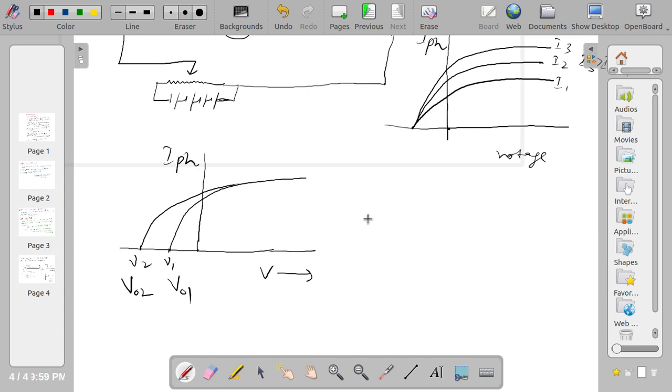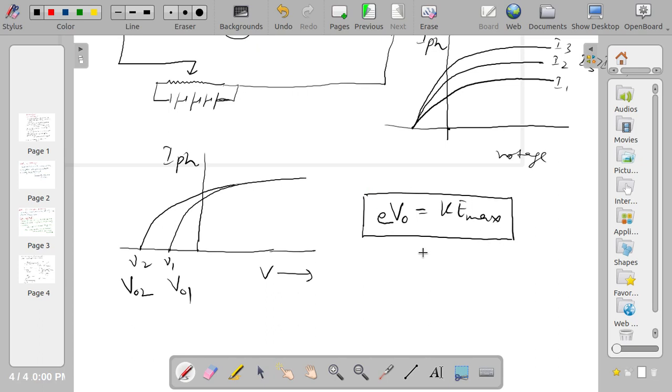That means at stopping potential, the electron ejected with the maximum kinetic energy will not reach the electrode. So the energy corresponding to this potential, eV0, is equal to the maximum kinetic energy.